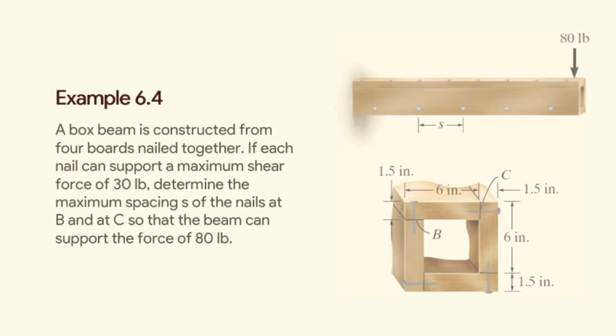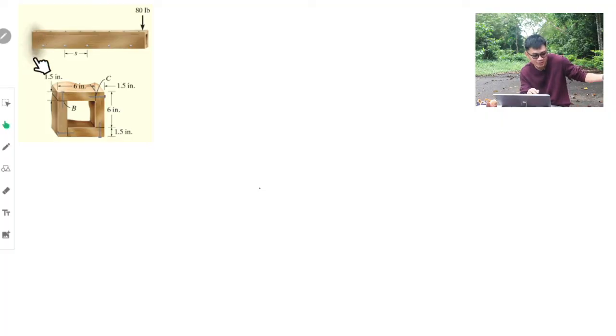another example. Our second example is a box beam. This box beam is composed of 4 boards that are nailed together. And there is an 80 pound force applied at the top of this box beam, a cantilever beam, supported by a fixed support at the left end, and the 80 pound force is applied on the right end.